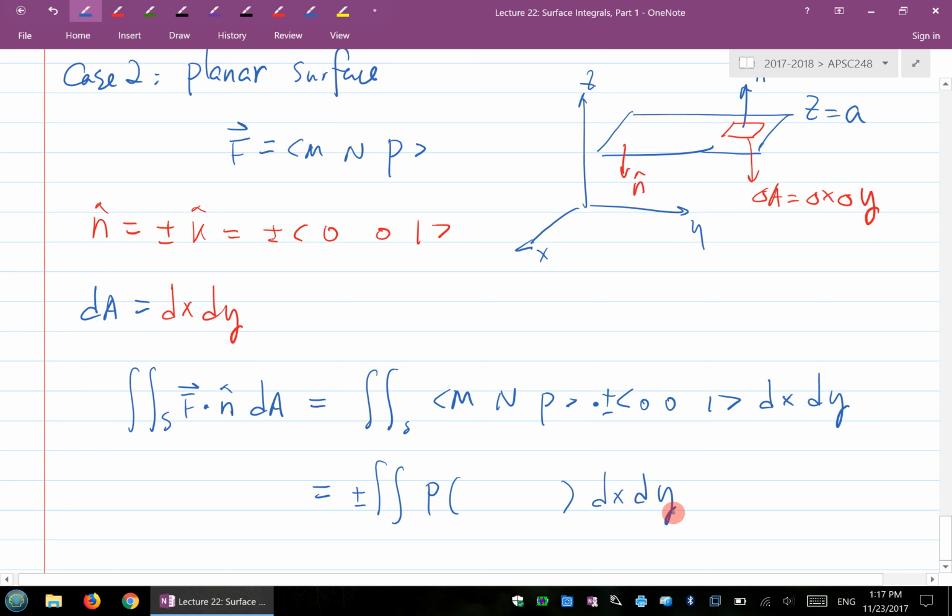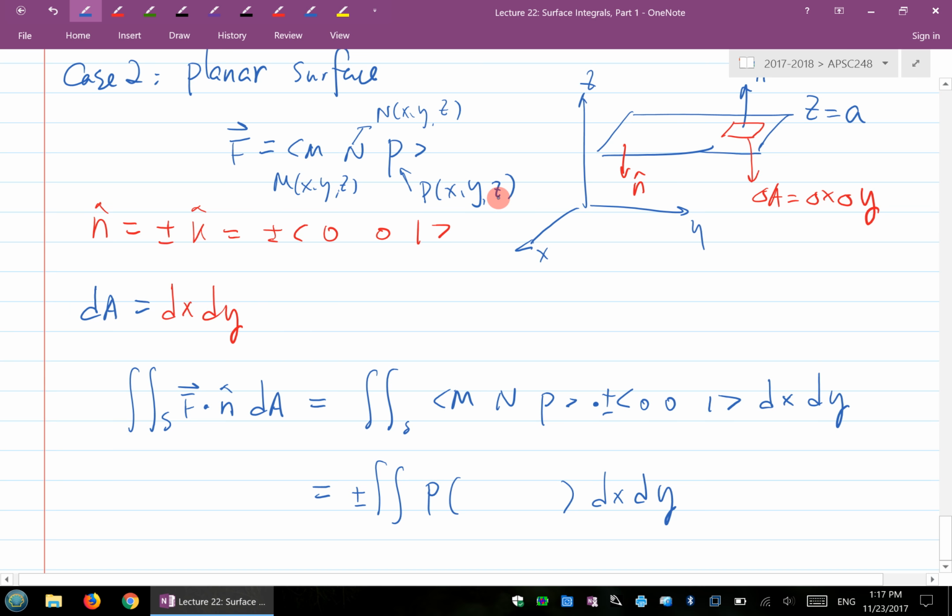Now remember, you have to be very careful. This is a vector field F, a 3D vector field, so each one of the components is a function of x, y, z.